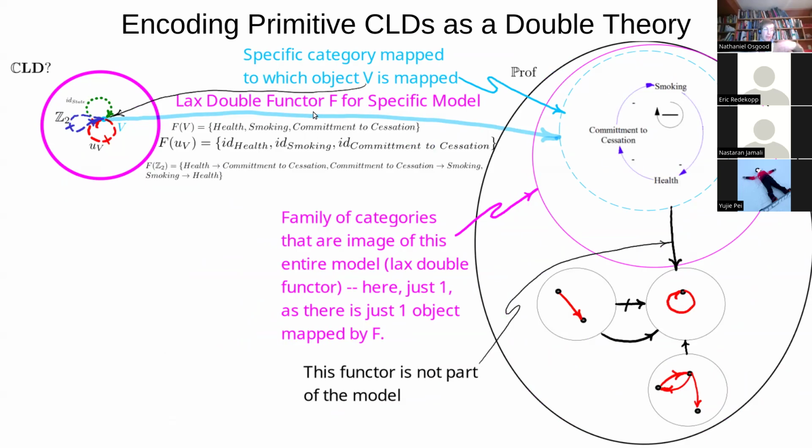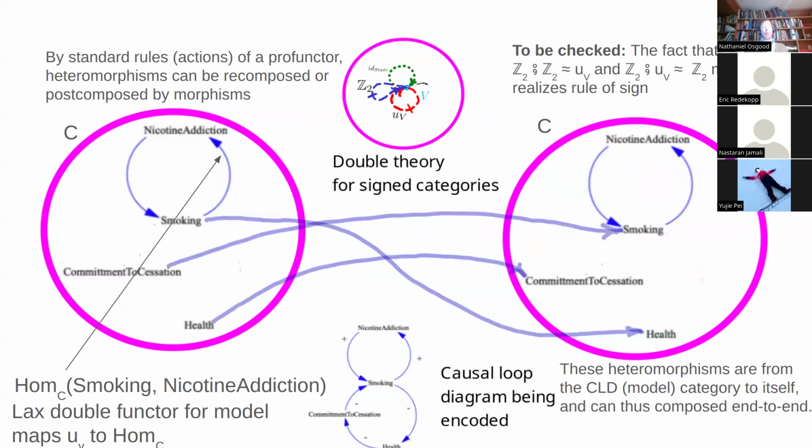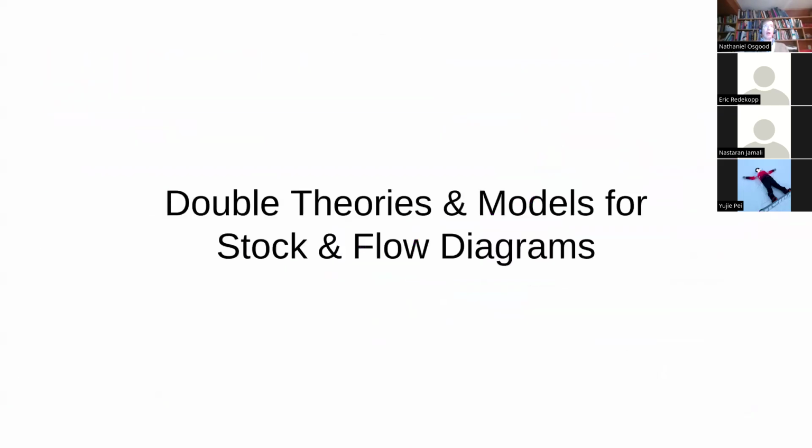The rules and particulars of the Lax-Double functor are such that V turns into a category. This will be very useful for us as we build on CatCoLab.